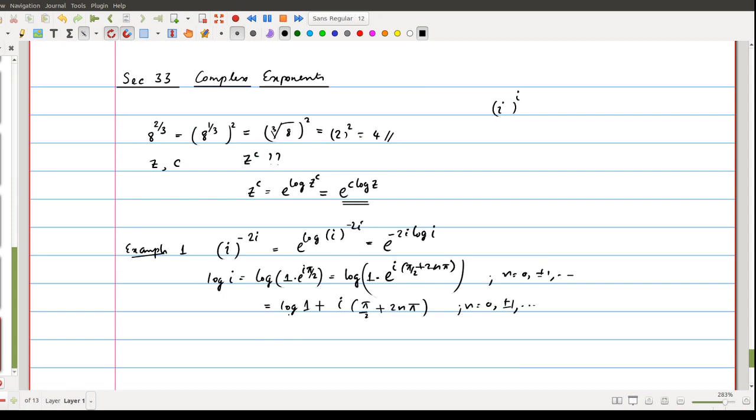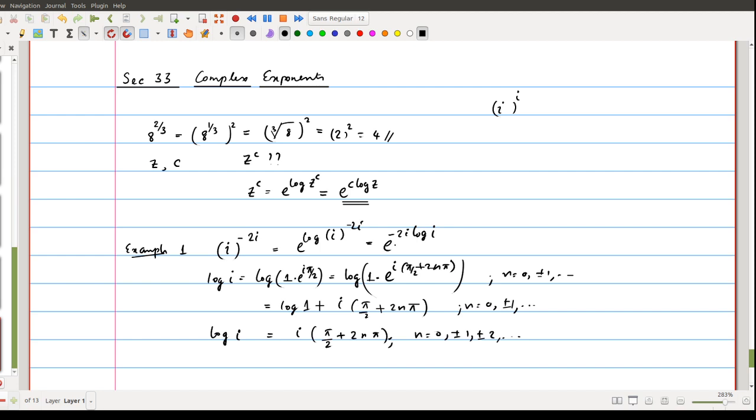Since log 1 is 0, we can write this as i times pi by 2 plus 2n pi, n is equal to 0, plus or minus 1, plus or minus 2, etc. So this is the value of log i.